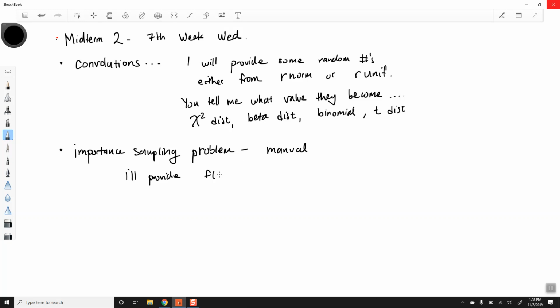Okay. So here I'll provide the function f of x, functions h of x, f of x, g of x. All right, and then I provide random values drawn from g of x, probably like 4 of them.